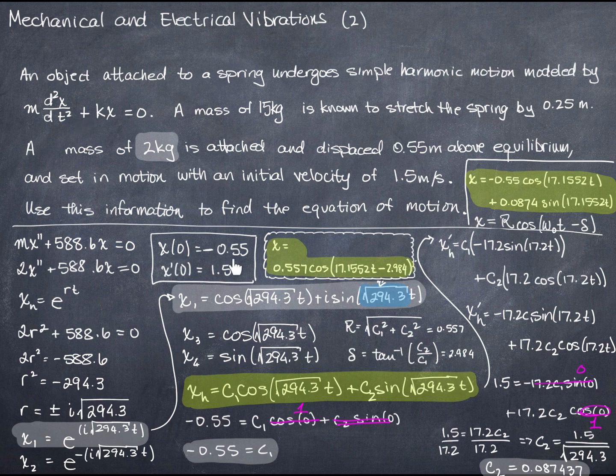And once I figured out what the initial conditions were, which I had to do by pulling the information out of the text, I was able to find the value K that goes in front of the undifferentiated x term. And from there, I replaced the M with 2 from this other situation, and I used my previous knowledge to figure out what the solution was. And then here, I changed the answer from one form into another.